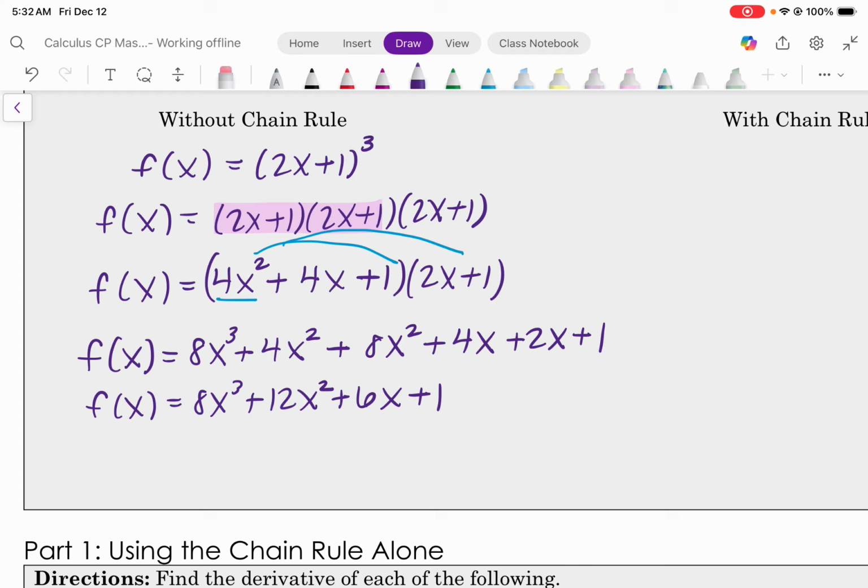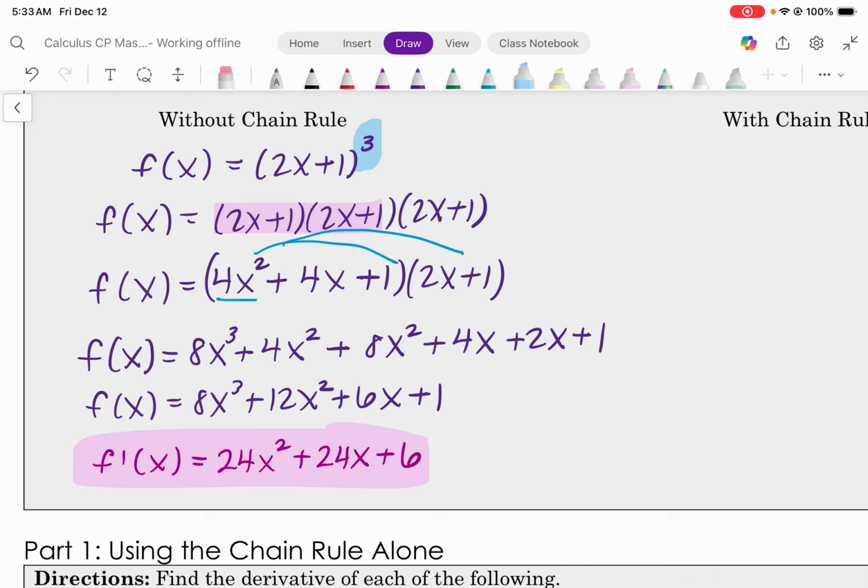That was all algebra. So now to get the derivative, I could apply the power rule and get 24x squared plus 24x plus 6. The 1 would go away. Now, you can see how annoying this already was just for a power of 3. But what if I started to make this like a power of 10 or 20? This would be so cumbersome that the problem would be too difficult to complete.